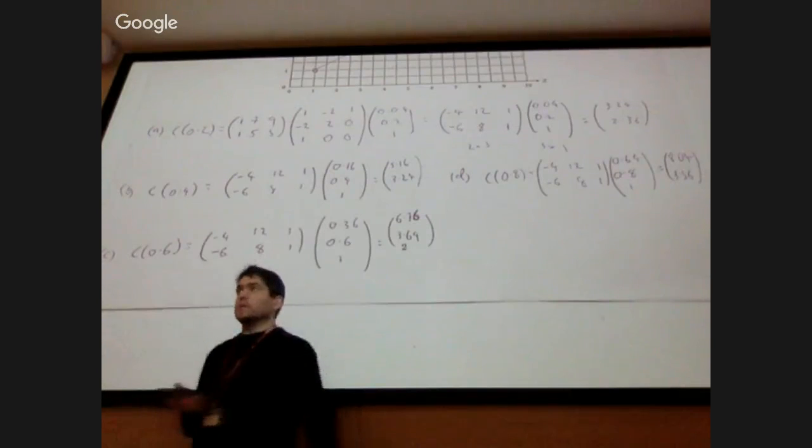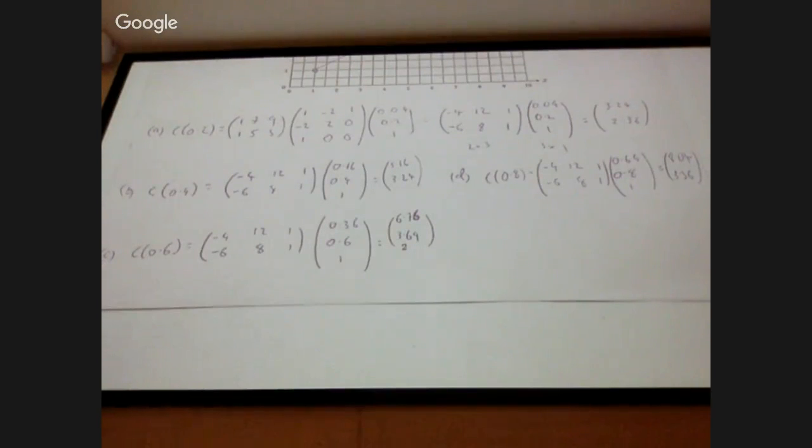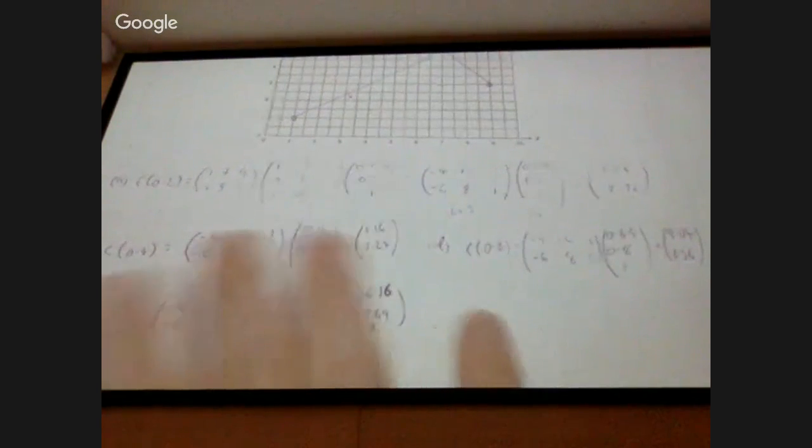As always, double check my working out. So now we've got 4 coordinates and points on our Bezier curve. Okay, so we can put them on to the axes.